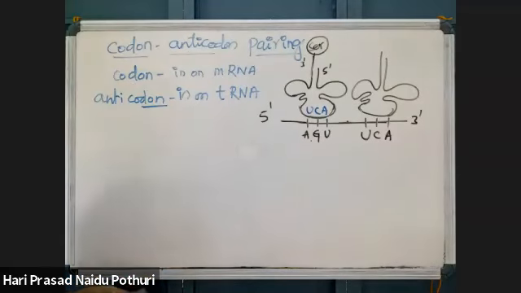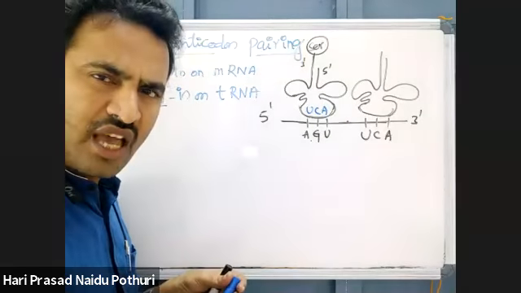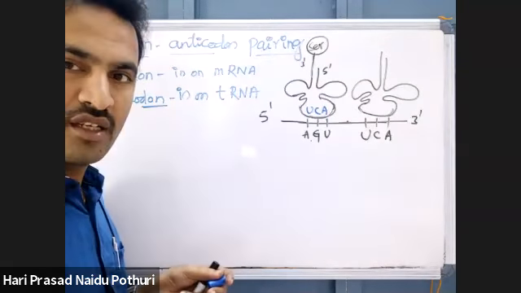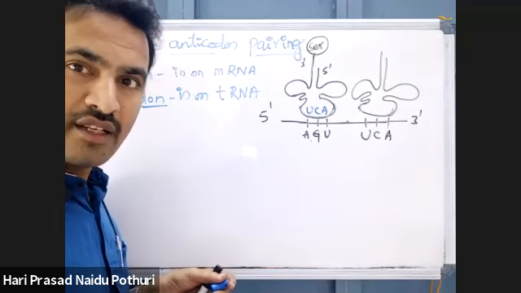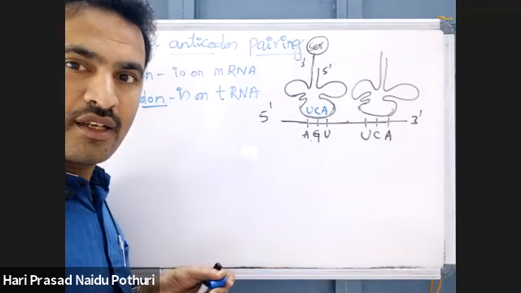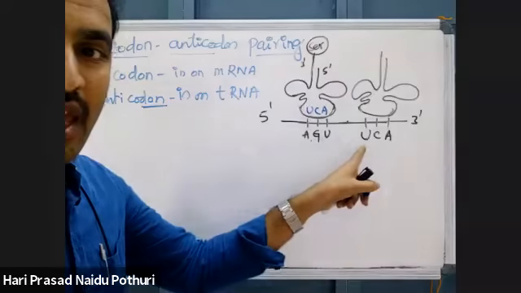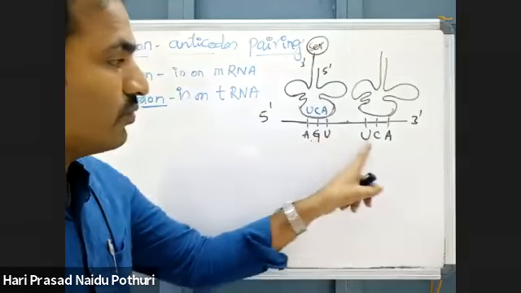What is the amino acid coded by UCA? Arginine. Huh? Serine, really? UCA, not AGU. UCA.